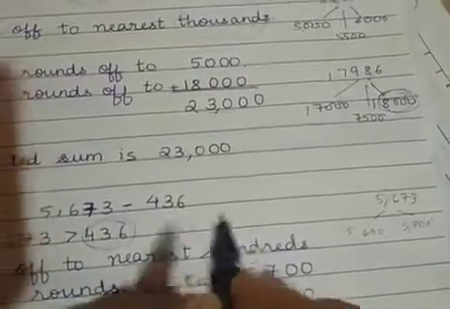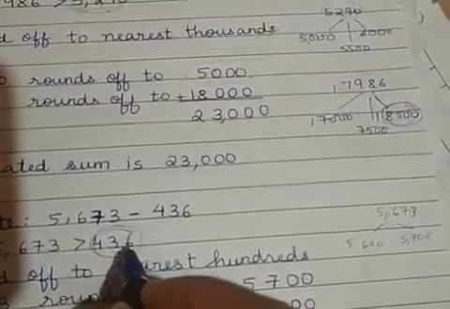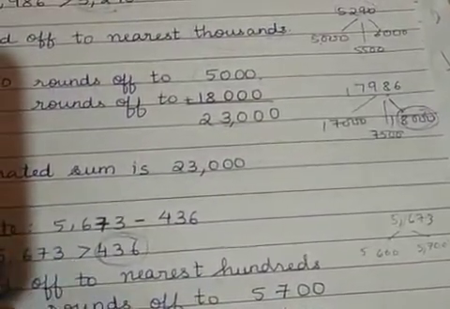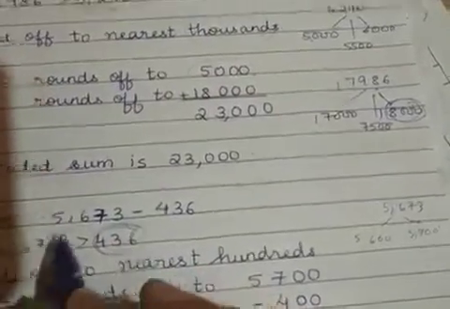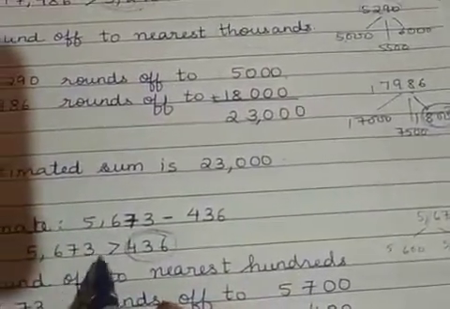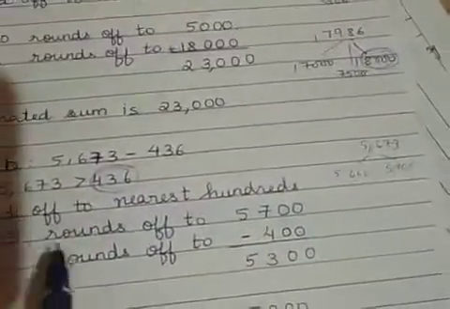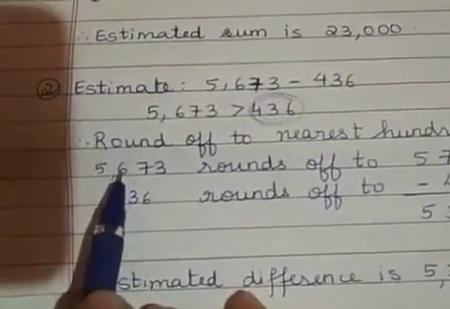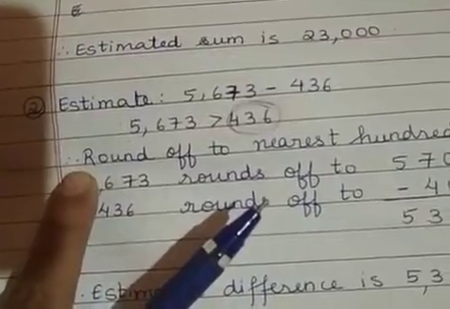Whichever place you round off the smaller number to, the same place you have to round off the bigger number. So this number also you have to round off to the nearest hundreds, considering only up to the hundreds place.